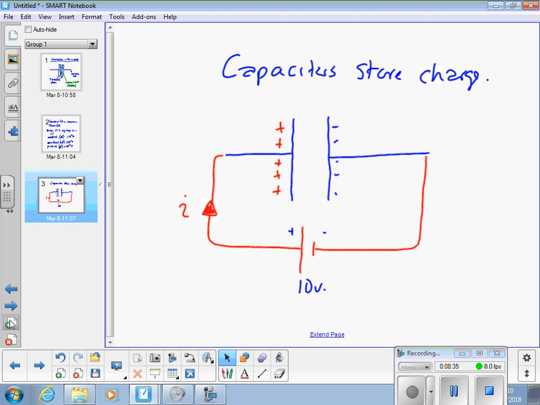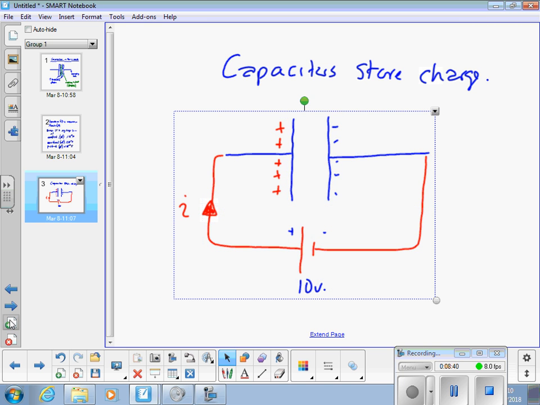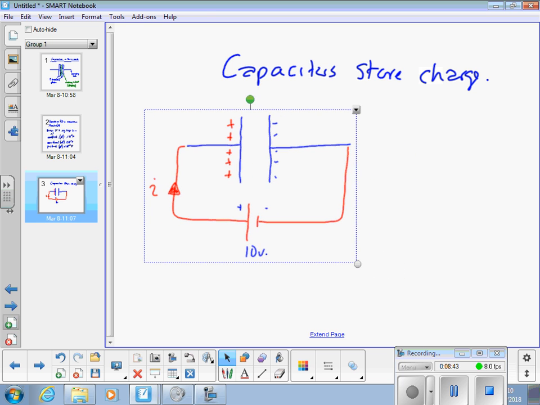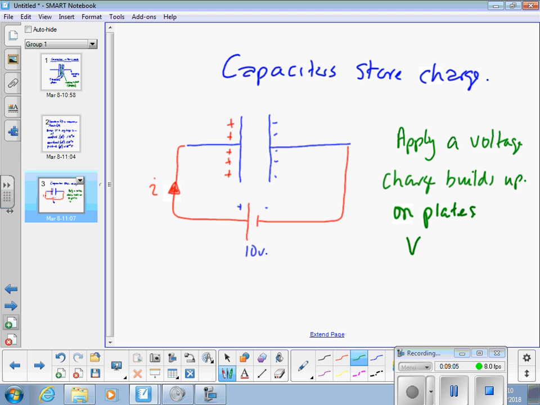Eventually, VC will be almost equal to 10 volts.